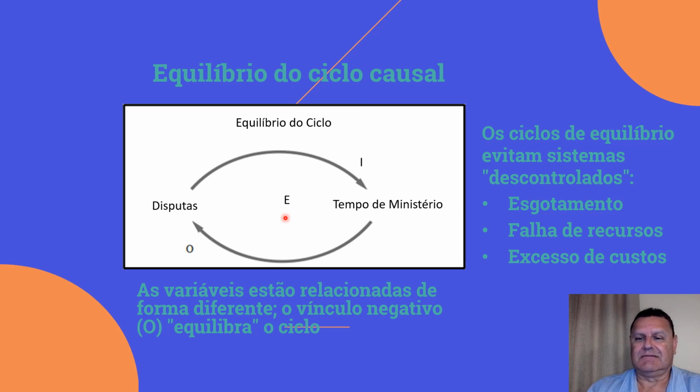That's a balancing process. So balancing loops are the thermostat of systems. Reinforcing loops are aggressive growth or aggressive reduction.